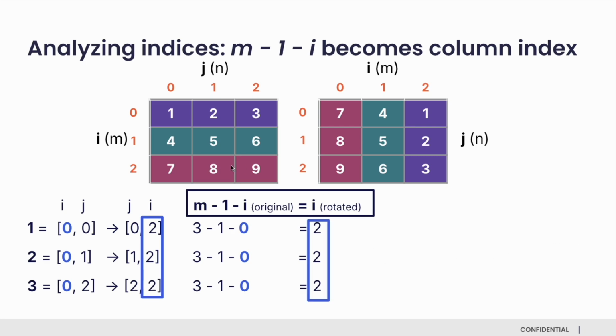Let's jump over to the final row, 7, 8, 9, to see that same pattern. 7, 8, 9 start in index 2. So when you do m minus 1, 3 rows minus 1 is 2, minus 2 equals 0. You'll see that they all flip to the new I index in the column of 0.